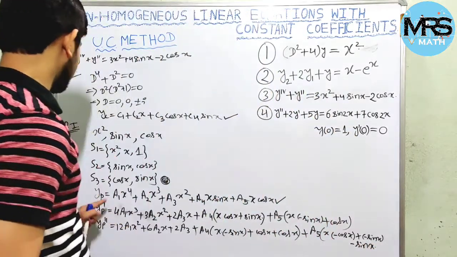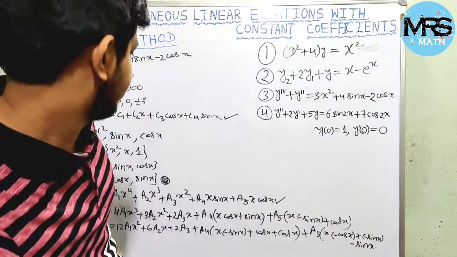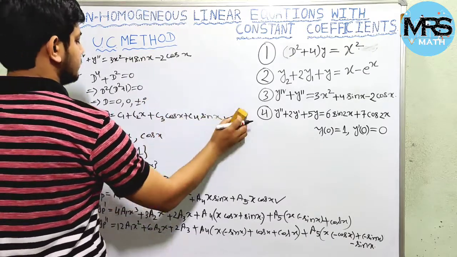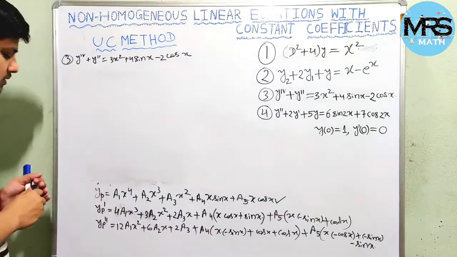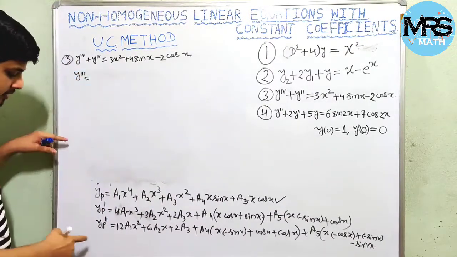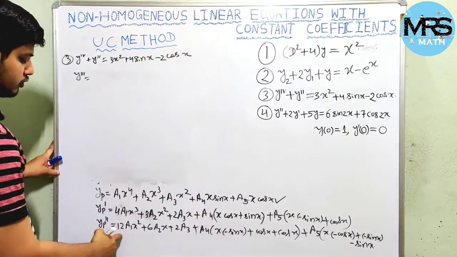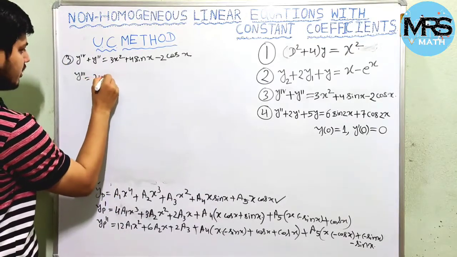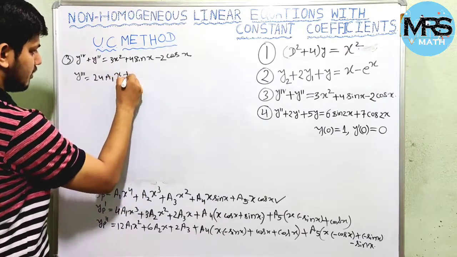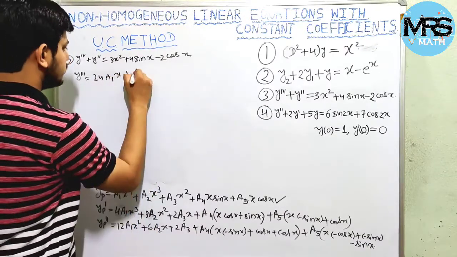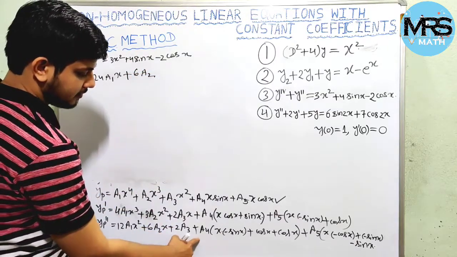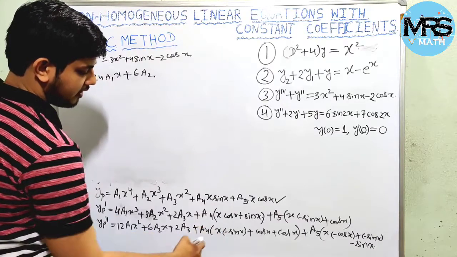Okay, now we will proceed for the y triple dash. So y triple dash will be equal to, that is 12 into 2, that is 24 a1 x, plus 6 a2, then that will be 0, then minus a4 x sin x.